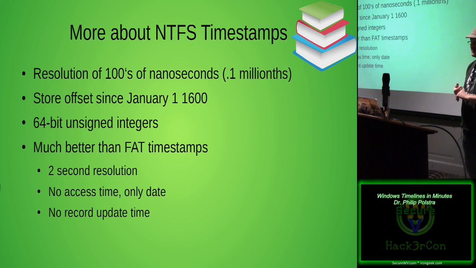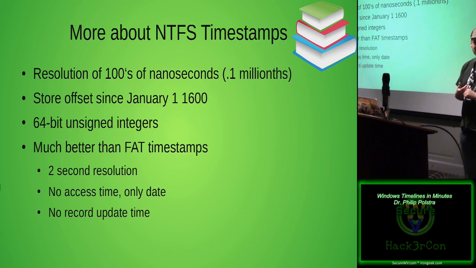And they do something insane. They store the offset since January 1st, 1600, because that sounds like a reasonable date for timestamps, doesn't it? Yeah. Not too many computers around then, but who knows? Who knows why they do that? They use 64-bit unsigned integers for this.